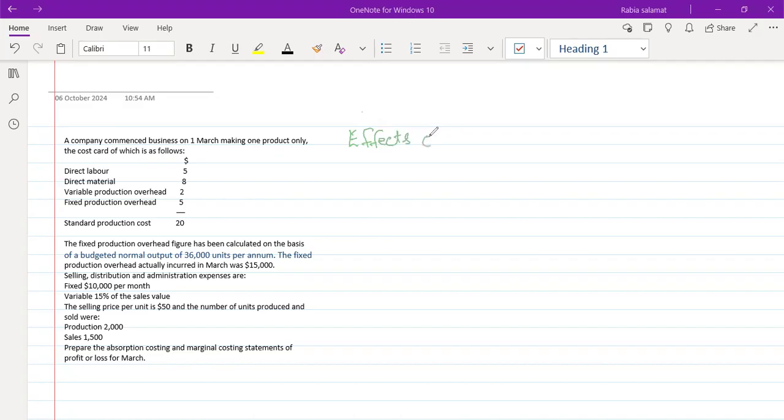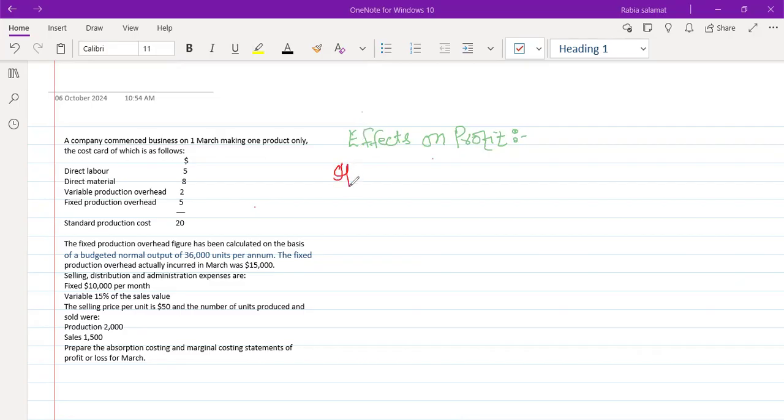Effects on profit under marginal and absorption costing.